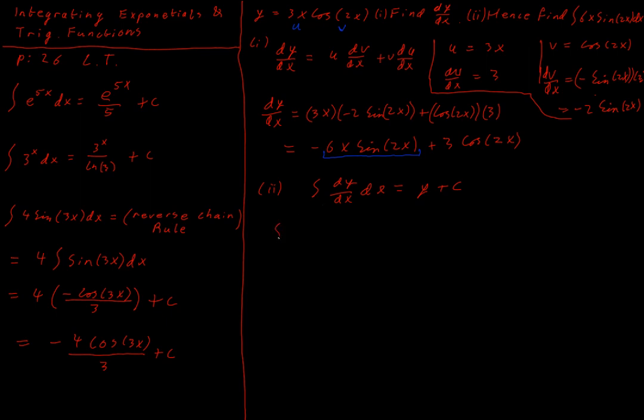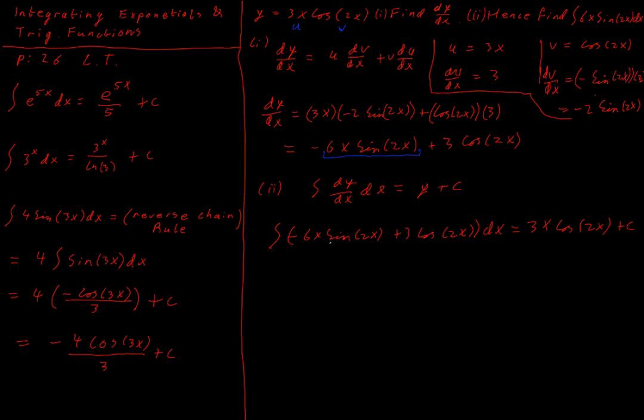So the integral of our dy dx is going to be the integral of minus 6x sine 2x plus 3 cos 2x dx, and that's equal to our original y, 3x cos of 2x plus some constant. The constant could also be added on this side. It doesn't really make any difference.